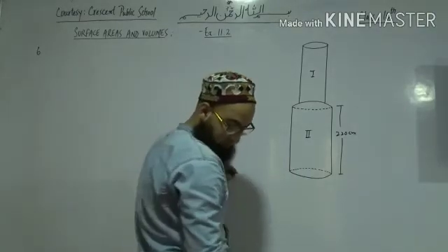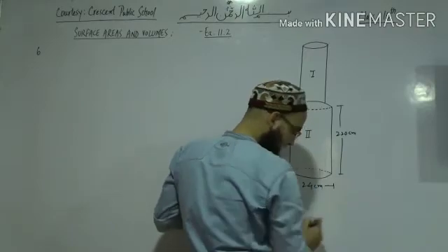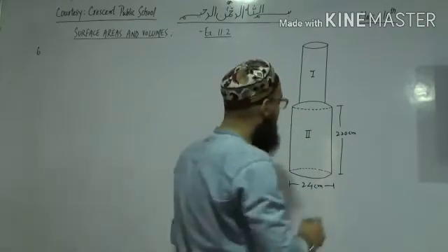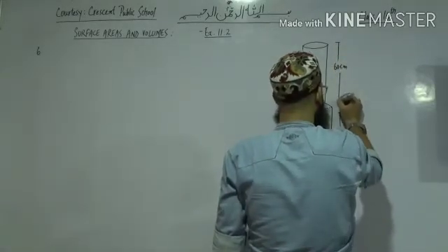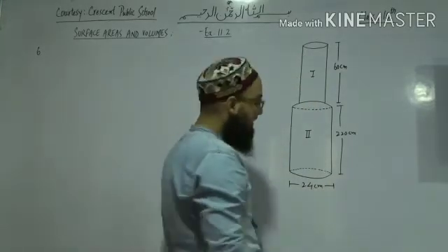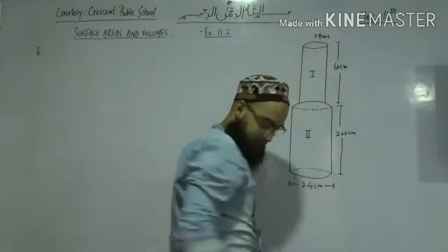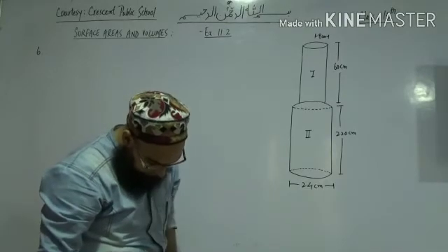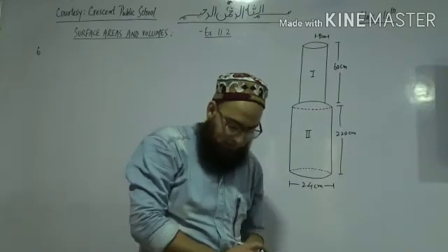Base diameter 24 centimeter, which is surmounted by another cylinder of height 60 centimeter. The height of this cylinder is 60 centimeter and radius 8 centimeter. Here radius is given, 8 centimeter. Find the mass. Given that 1 cubic centimeter has approximately 8 gram mass.